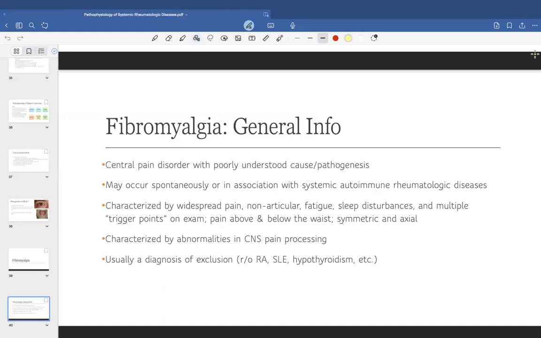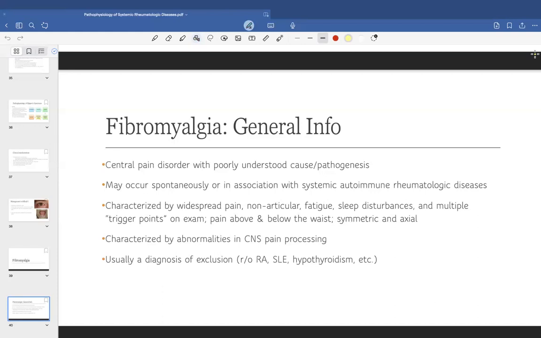Okay, so the definition is widespread pain. It's non-articular. It does not involve the joints. Yes, there tend to be trigger points or specific areas in the muscles, myofascial pain.